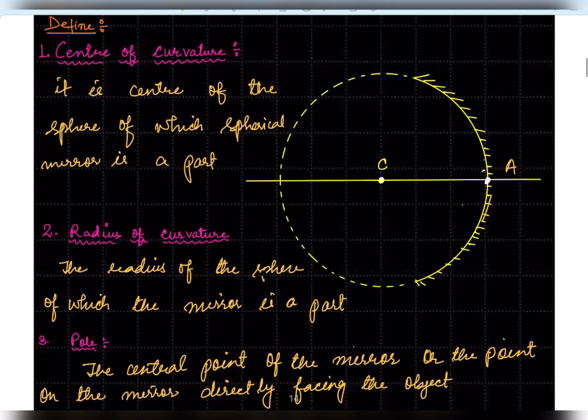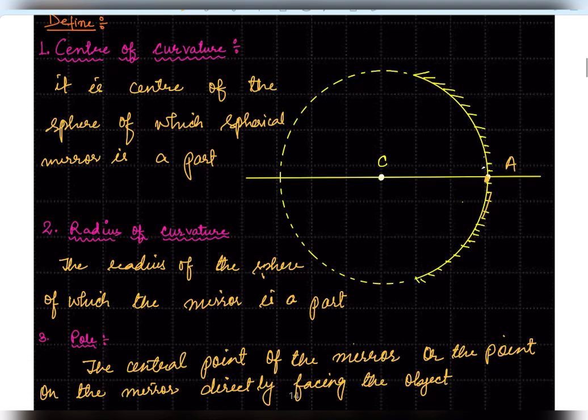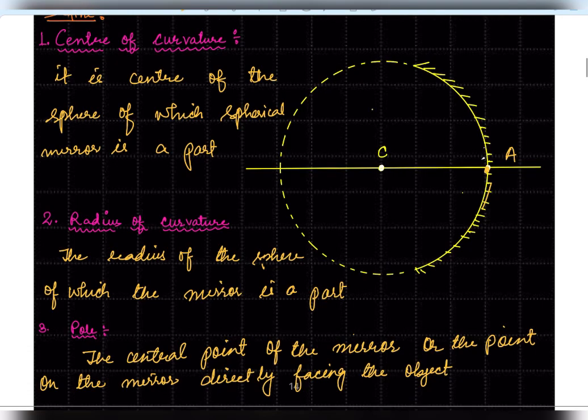What is the central point of the mirror? The part of the mirror which is facing the object. Sir, where is the object? We'll discuss that, but now the central part of the mirror is called pole. I hope you can understand this much.